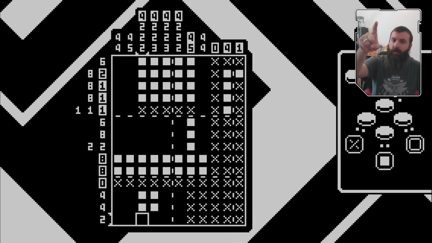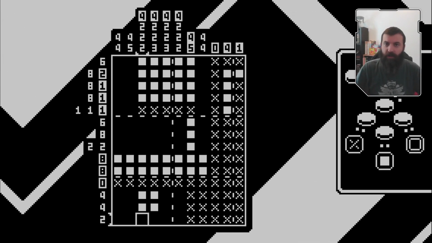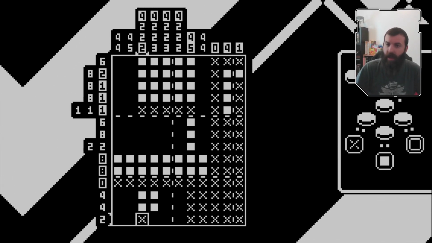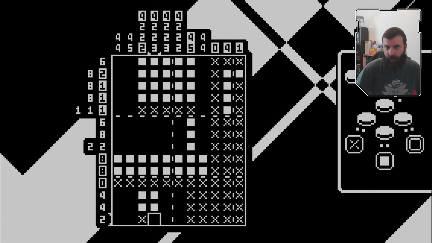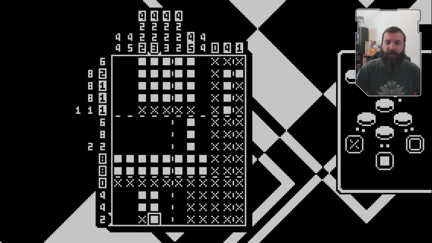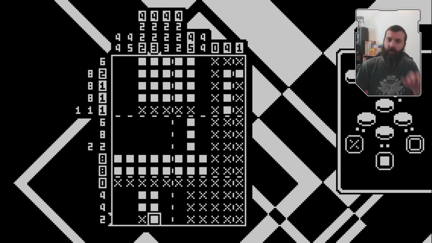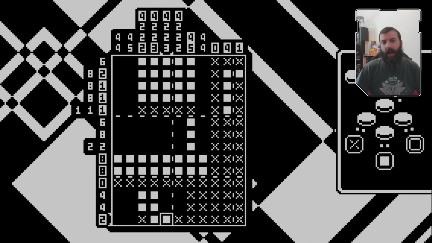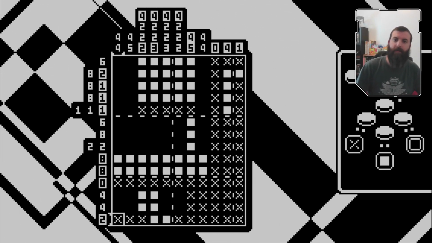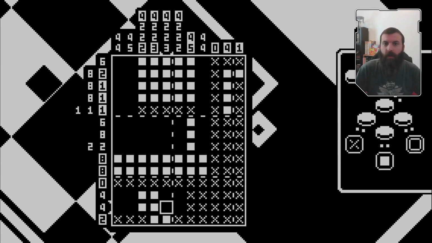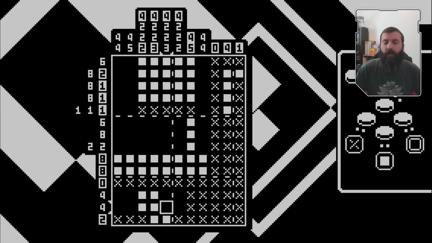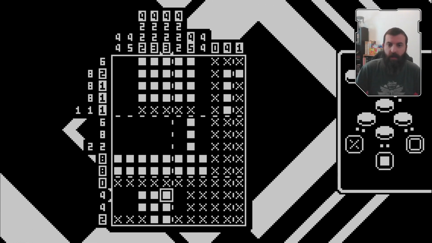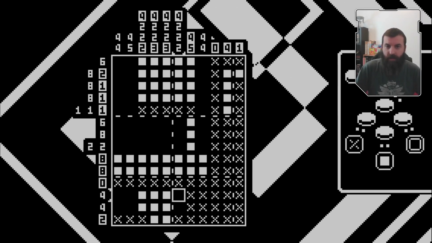Looking at our vertical rules, we've got a vertical 2, so that means there can't be anything right here. We've got a vertical 3, so this one has to be filled in here, which then means our horizontal 2 has to be like that. Vertical 3 has to fill in like that.